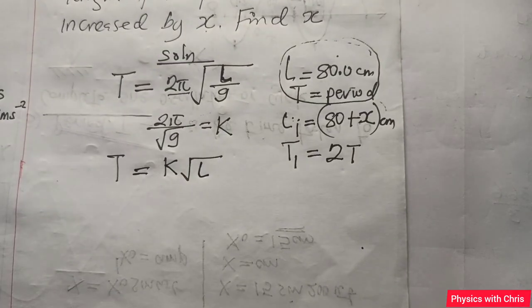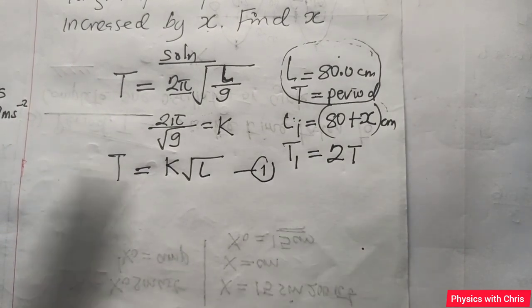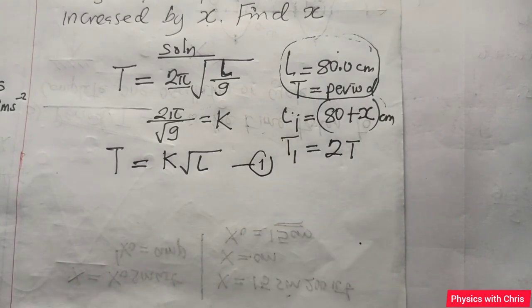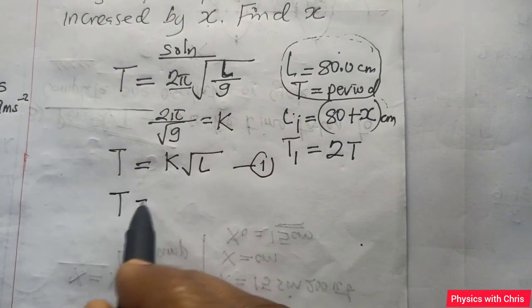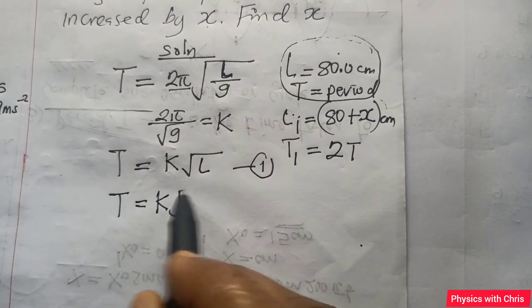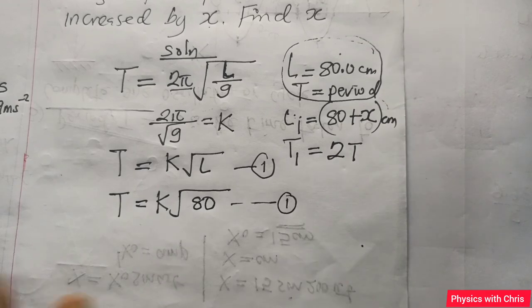I can decide to square both sides if I wish, or I can work with this. The initial condition, when the length of the pendulum was 80, we took the period as T. So T is equal to k square root of 80 cm. Let me call that equation 1.